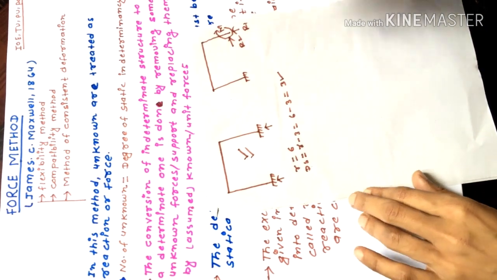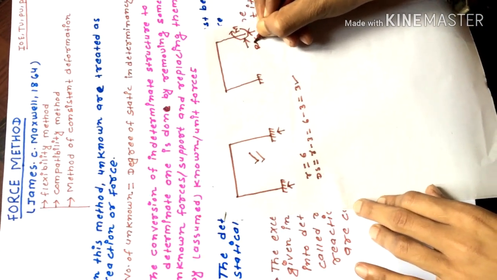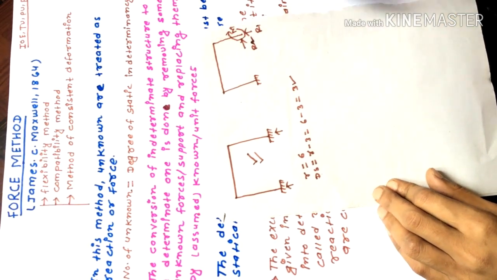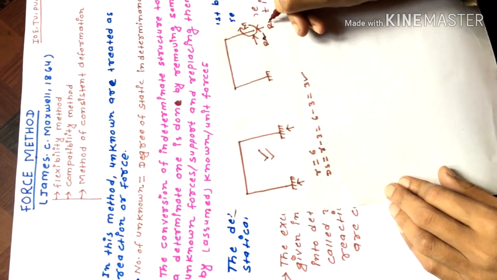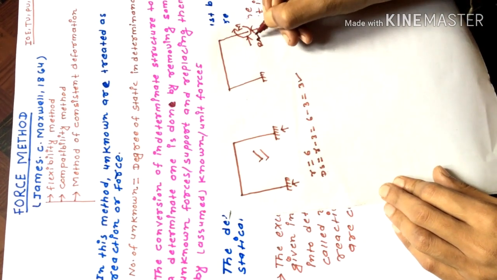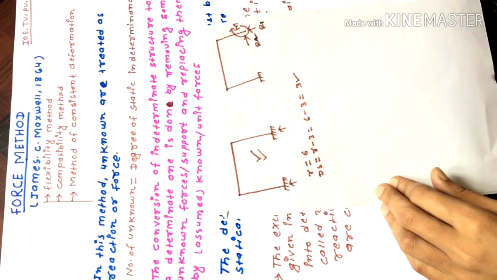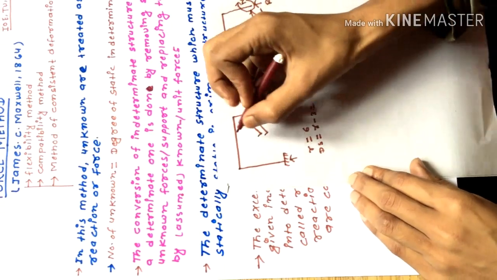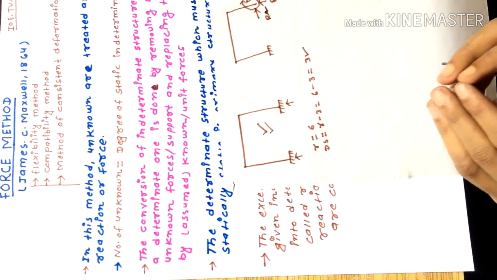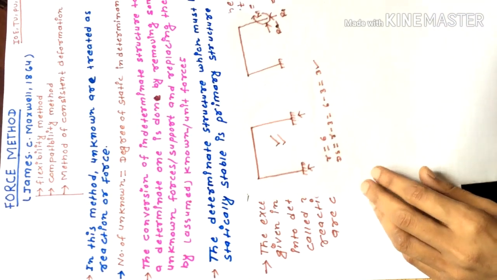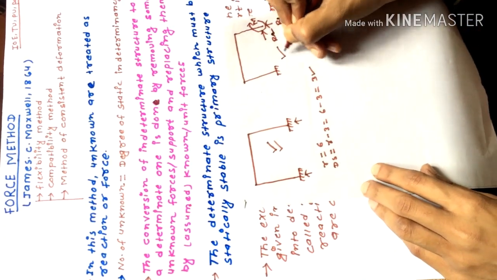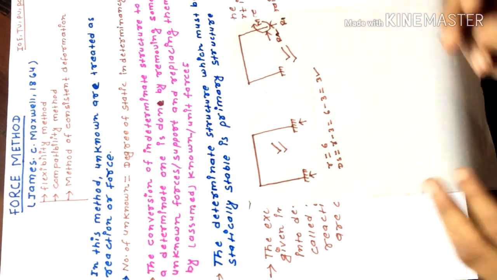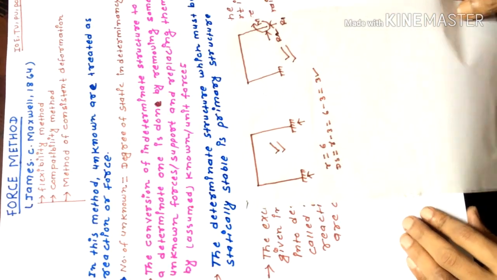And finally, we replace each force with a unit force, one by one. That is, at first we put R1 equal to 1, R2 equal to 1 and M equal to 1 kilonewton meter. So we have to convert the indeterminate structure into the primary structure. This is the primary structure. Primary structure means the determinate structure, which must be statically stable.